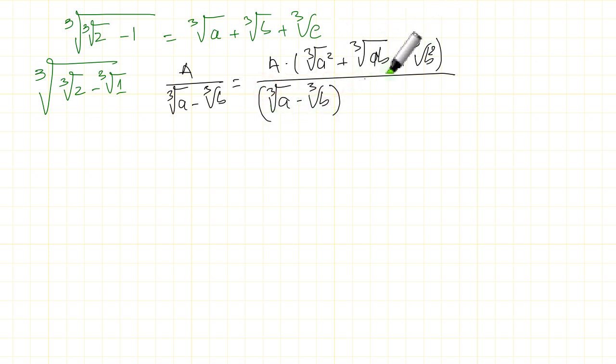Since this is the conjugate, we have to divide again by the same thing, cubic root of a square plus cubic root of ab plus cubic root of b square.